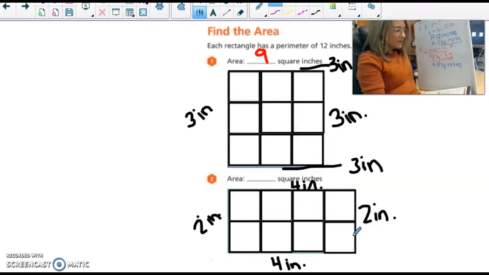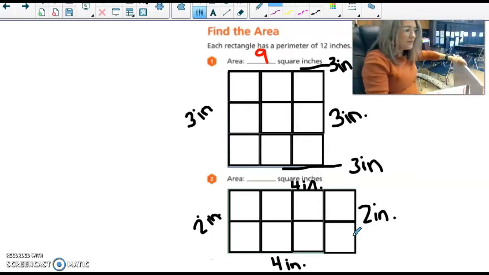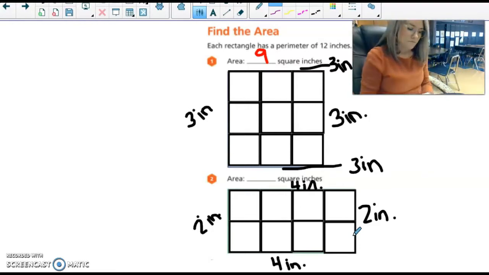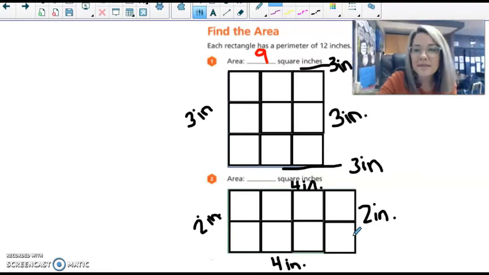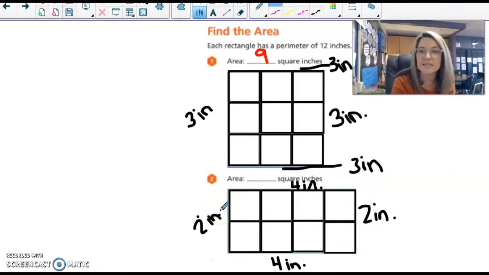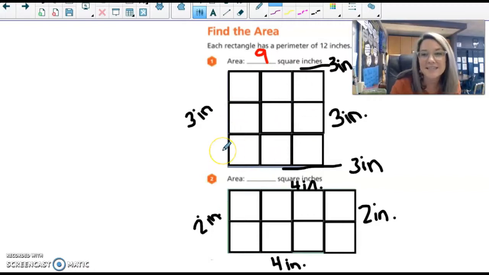So anyone have a way to think about this, and does it make sense? I think it makes sense too, because I can see that if I were to add the perimeter all the way around, I could see the distance being very close, and in fact they are the same, but the area is different.